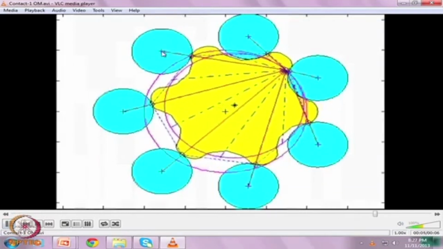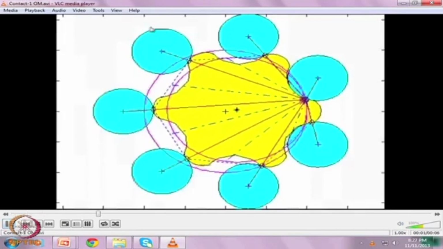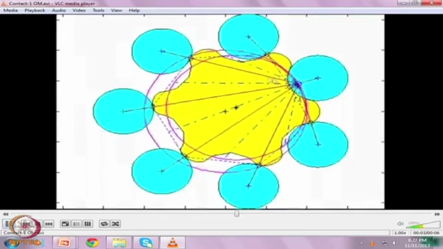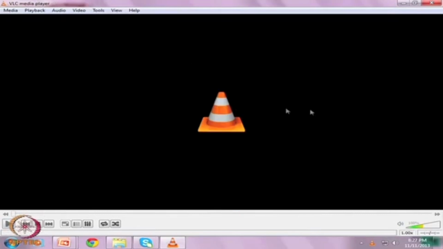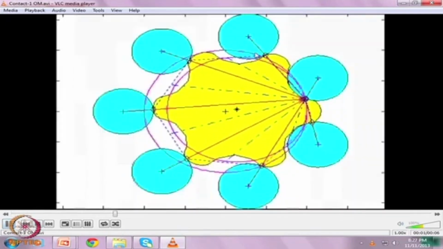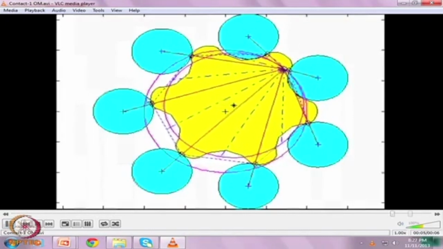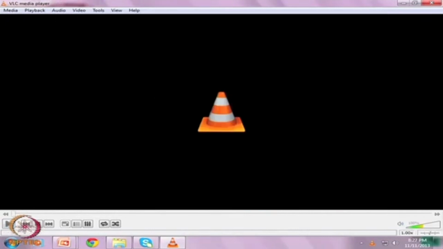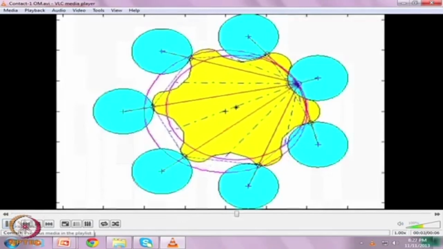You join this point to the center of this circular arc, you will find this contact point. Next day we shall learn how to calculate the contact point and what is the variation of this chamber. Simply you can calculate these two contact points, and the variation of this length will give you the variation of chamber volume.